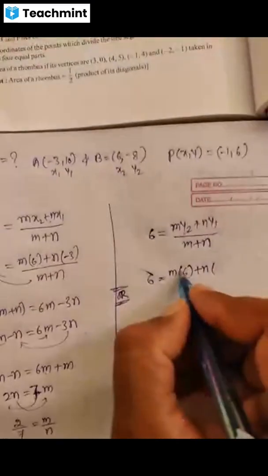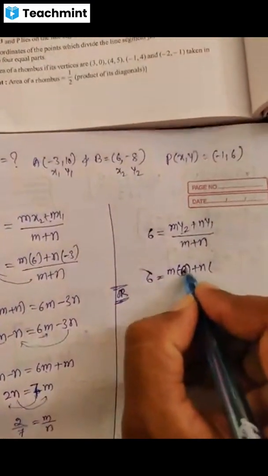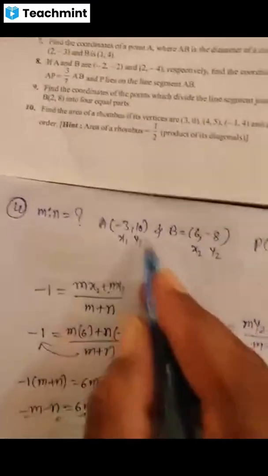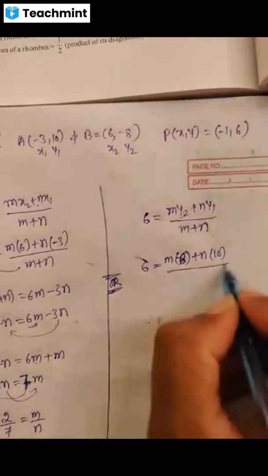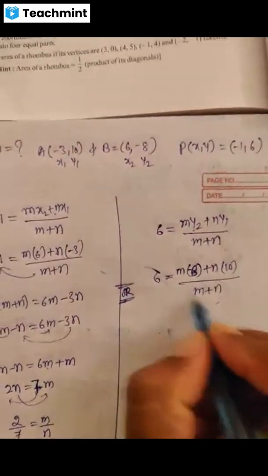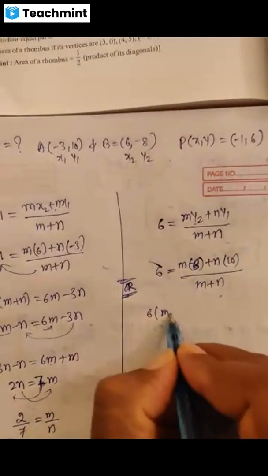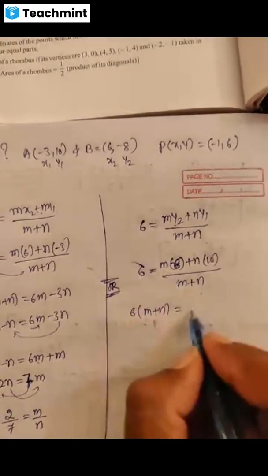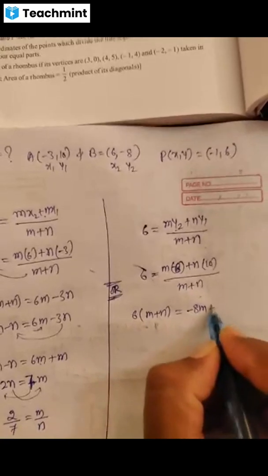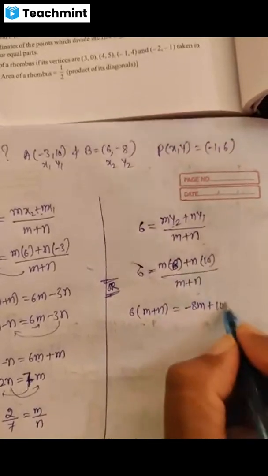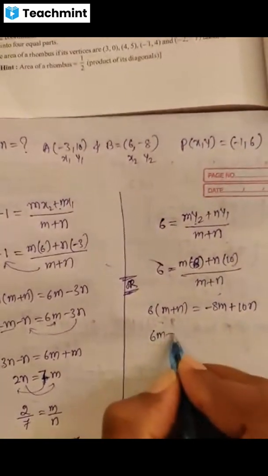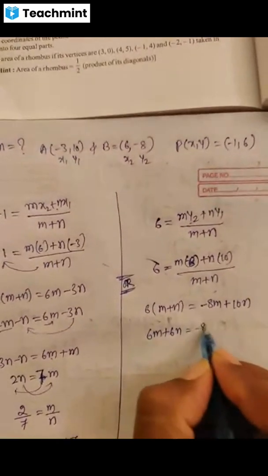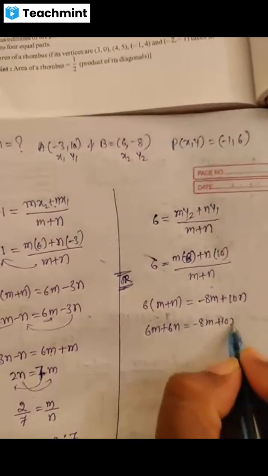y2 is -8 plus n into y1 is 10 divided by m plus n. By cross multiplication, 6 into m plus n is equal to -8 into m is -8m plus 10 into n is 10n. 6m plus 6n equal to -8m plus 10n.